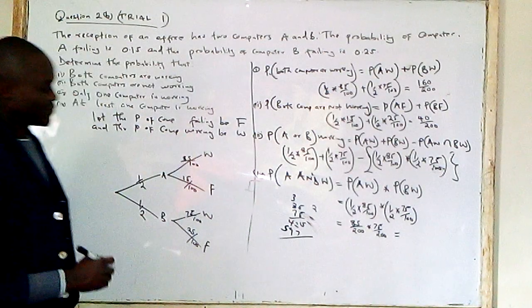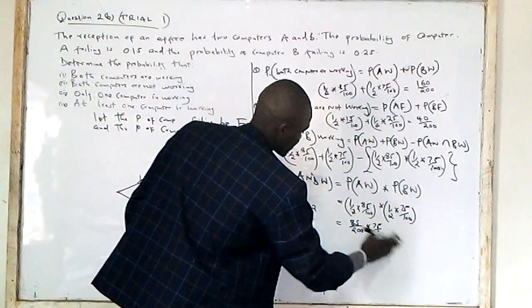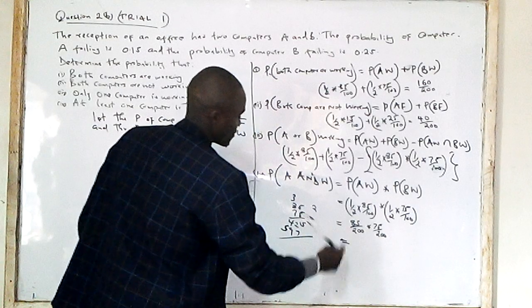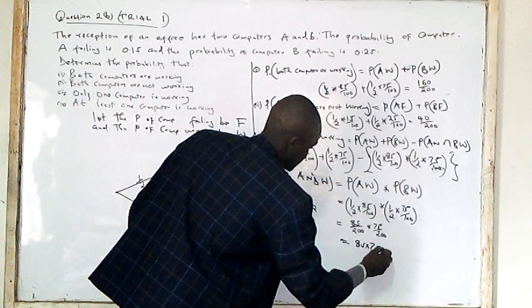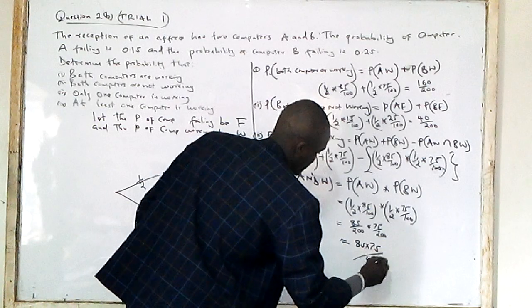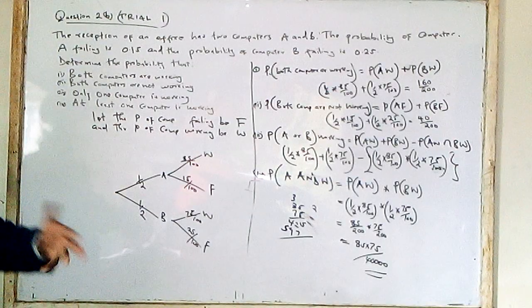So you get your answer after doing the calculation: 85 times 75 over 40,000. So that one becomes your answer.